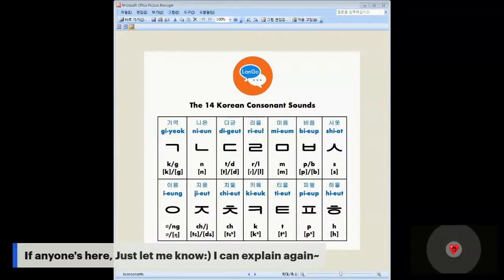You can just comment, chat, or actually join this lesson and check your pronunciation. We can practice pronunciation together. Yeah, anything will be good and fun.